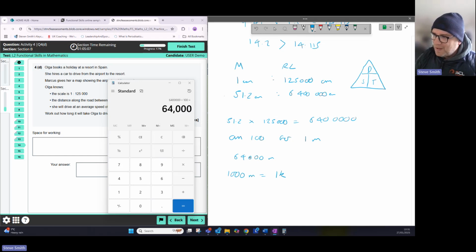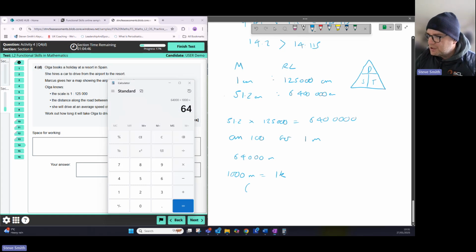So if I divide that by 1,000, I would then get kilometers. Those are the bits that we should know: there are 100 centimeters in 1 meter, and 1,000 meters in 1 kilometer. Kilo being the operative word, kilo, 1,000. Okay, so we know it's 64 kilometers.